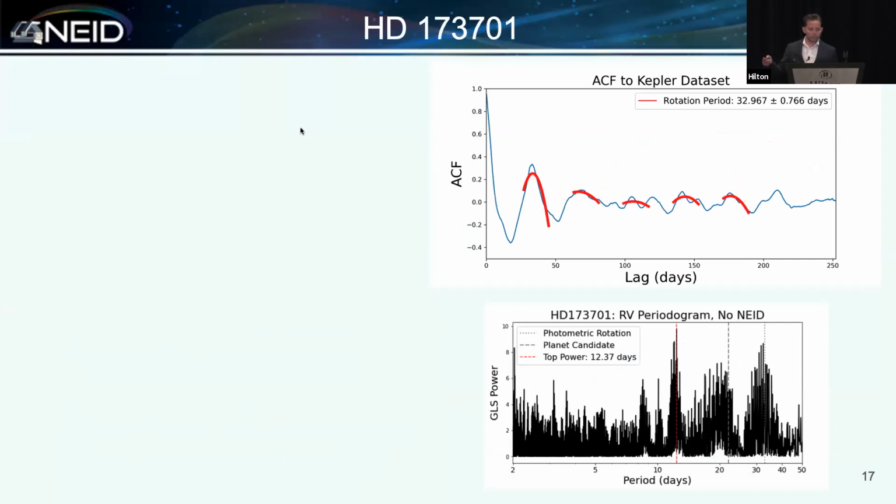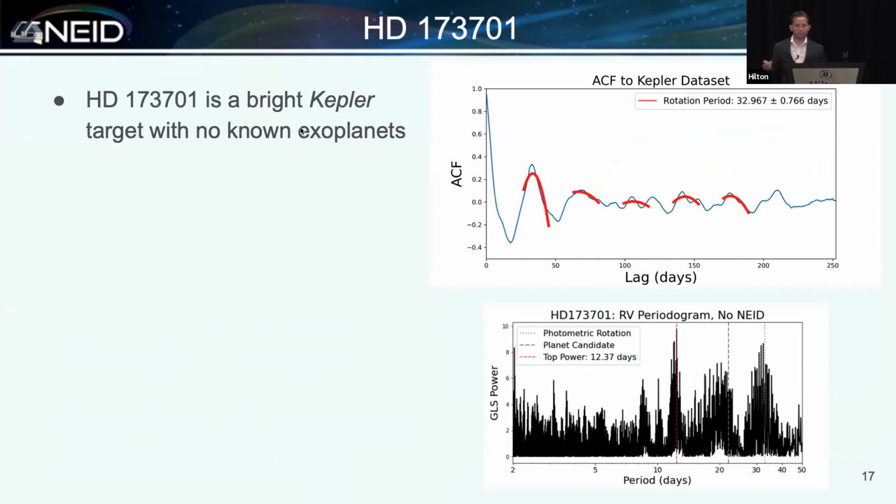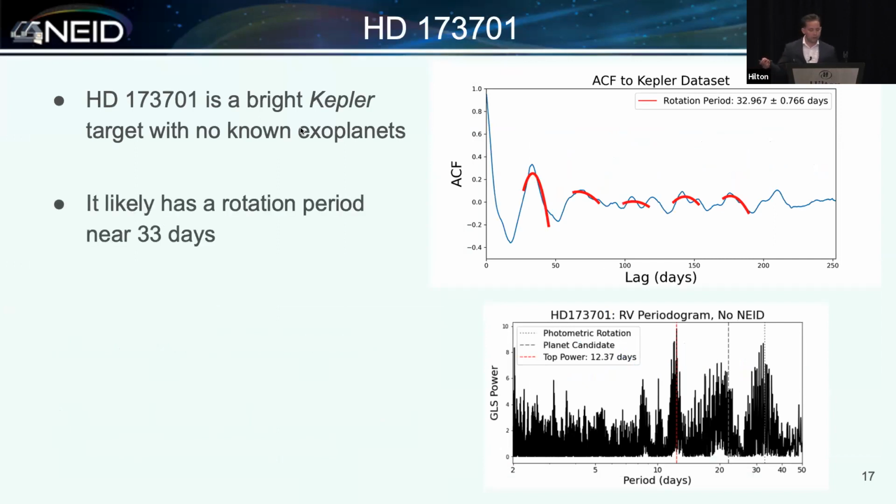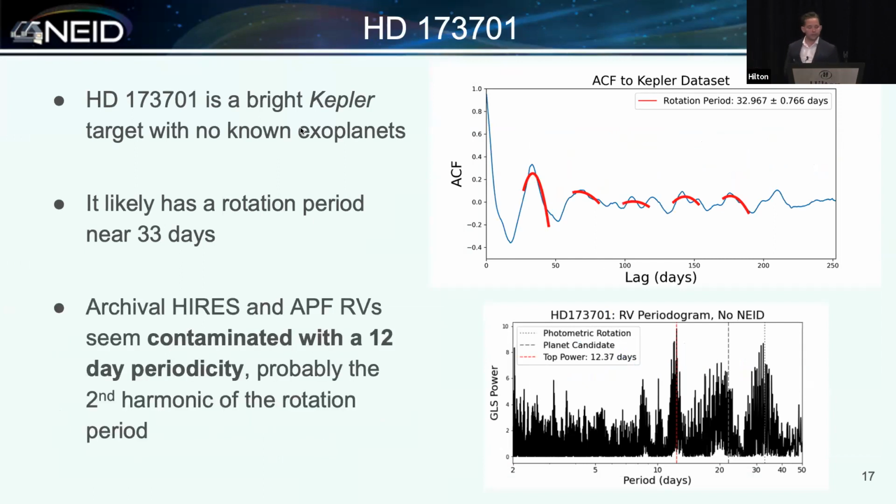And my brief little spiel about HD 173701 is that this is a Kepler system, no known planets, like I said before, and it's got a longer rotation period, including a little autocorrelation function done with SpinSpotter over here. But what's interesting is that if you look at the archival high-res and APF RVs, you see that the half-period frequency is dominating that RV time series.